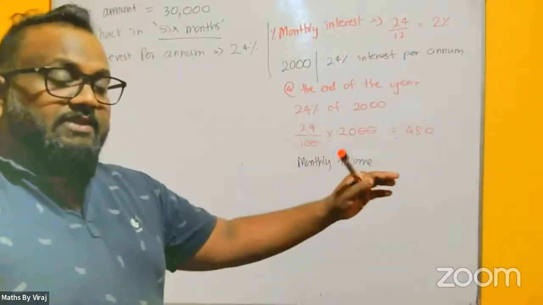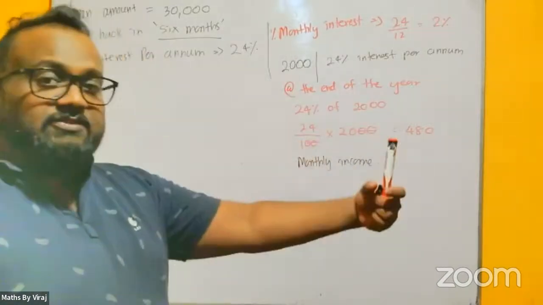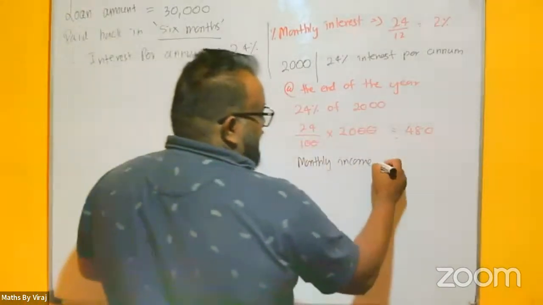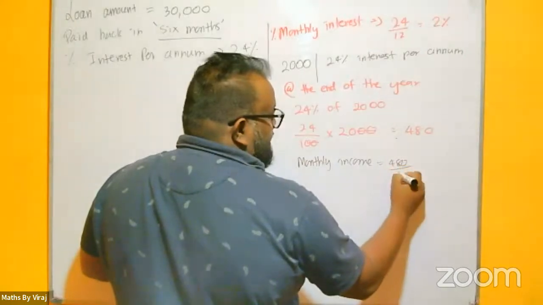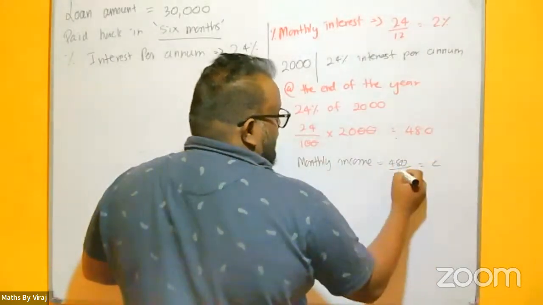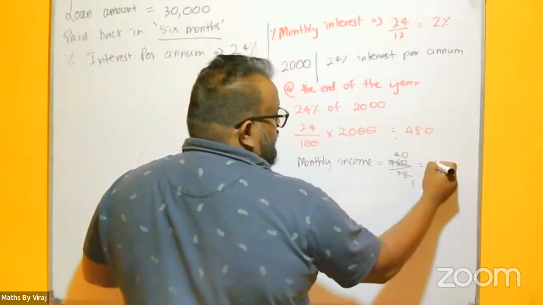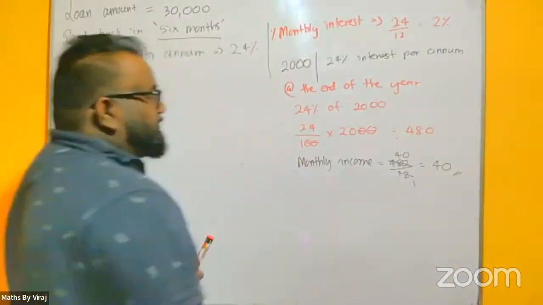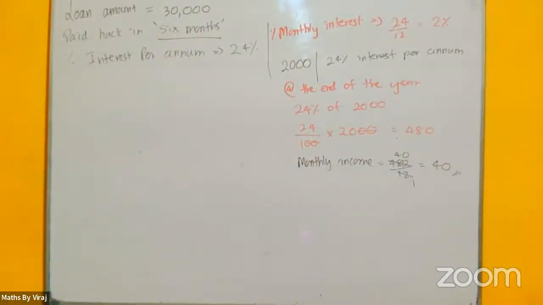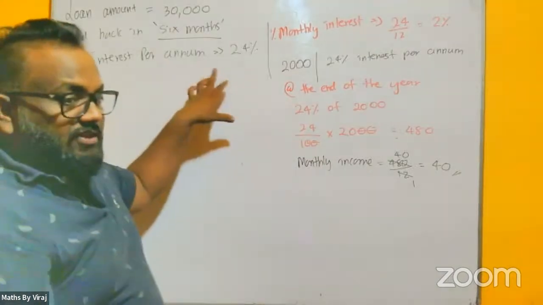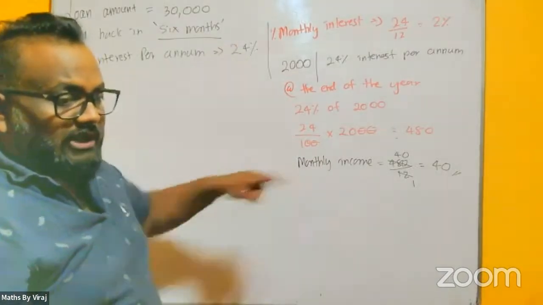Therefore, if I have to get that interest month-wise, how much is that monthly income? 480 divided by 12. 12 times 4, 40 rupees. So monthly, how much am I getting? 40 rupees. Based on this calculation, what can I say?